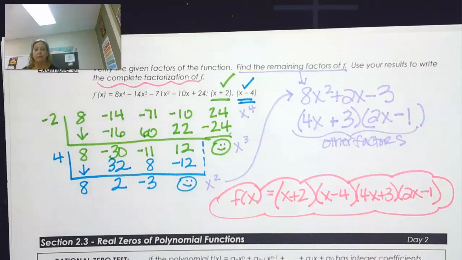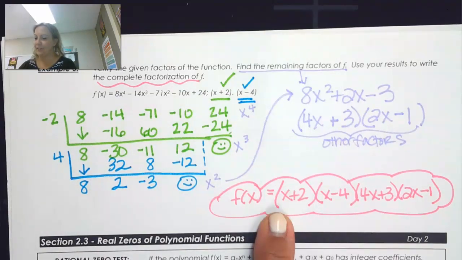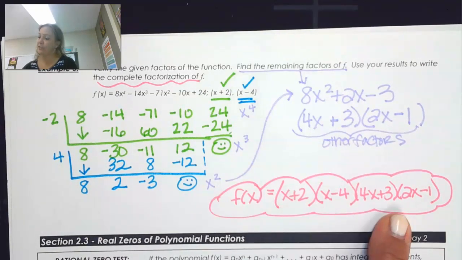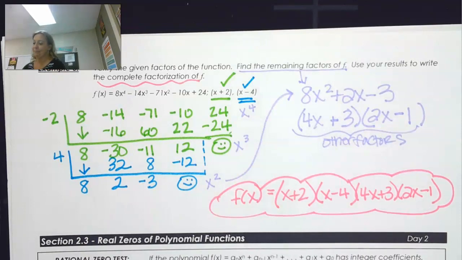Okay, and that is the complete factorization. So we use these two factors, and then we also used the other factors that we had found.